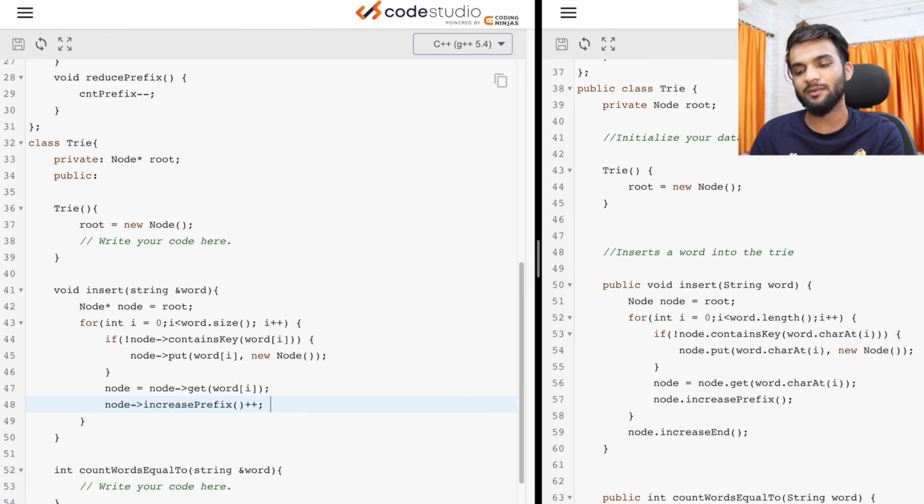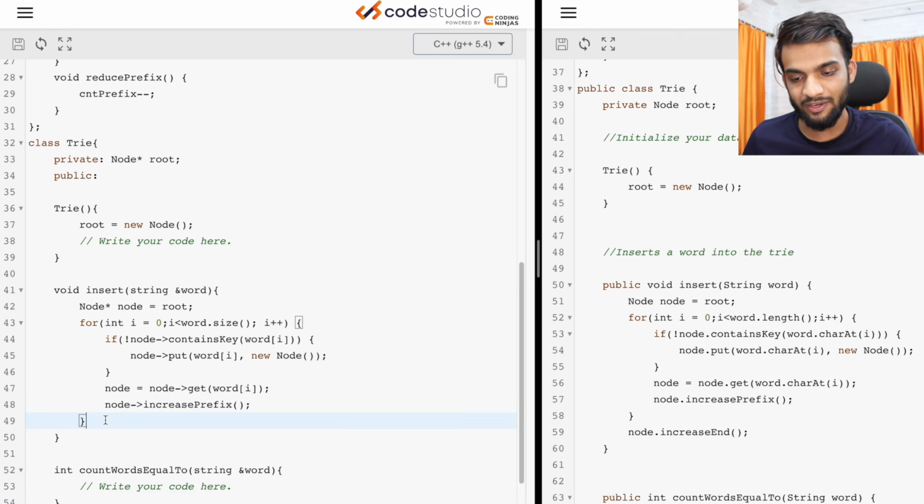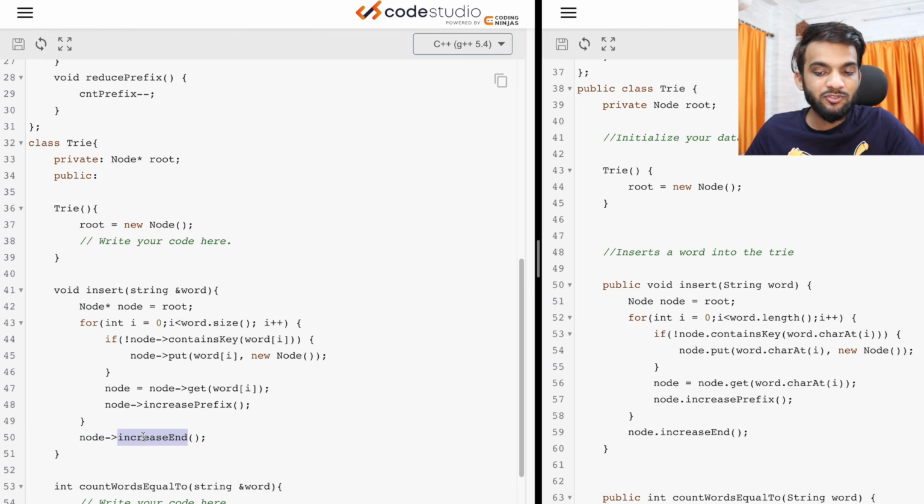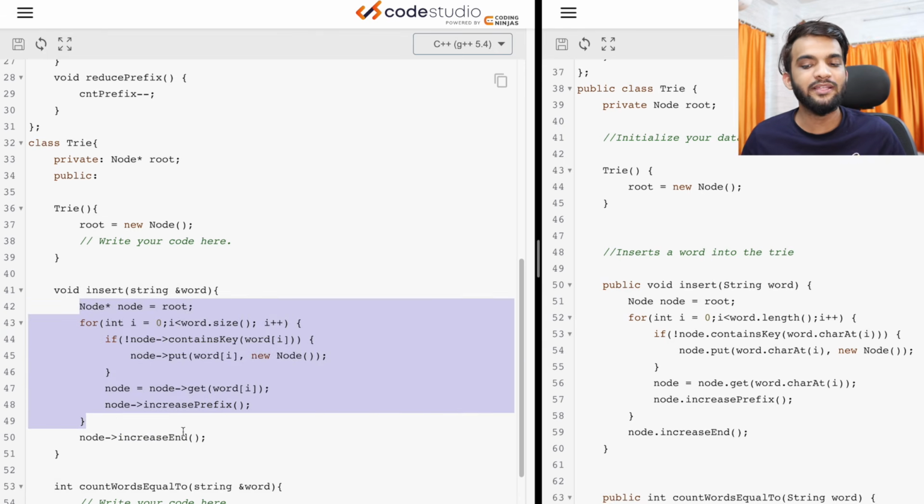So he's increasing the prefix. Once you've done the entire stuff, whenever you're at the end, can you please increase my end? Since I wrote down all these functions, it becomes much more readable. I'm saying increase prefix, increase end, put does not contains. So this is how you can write the insert.